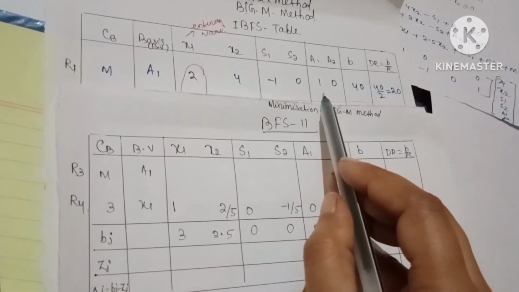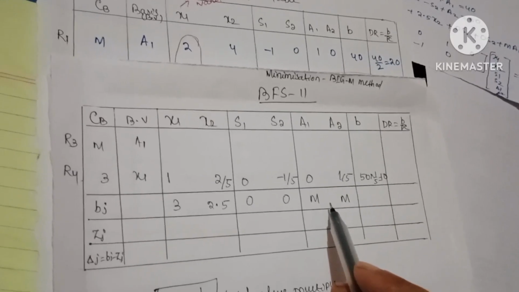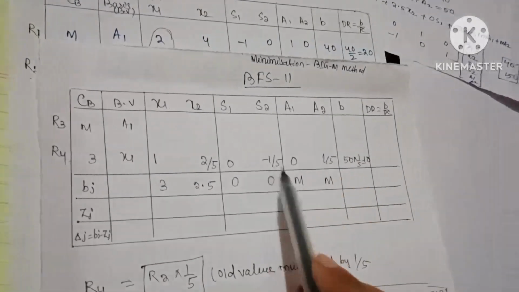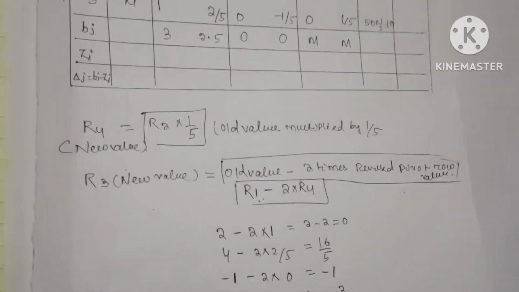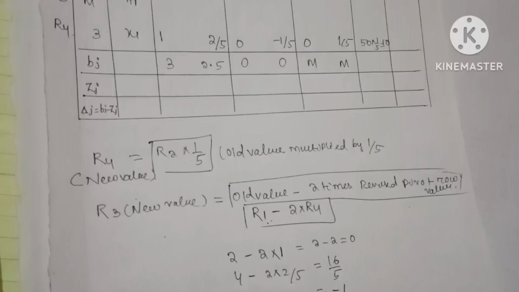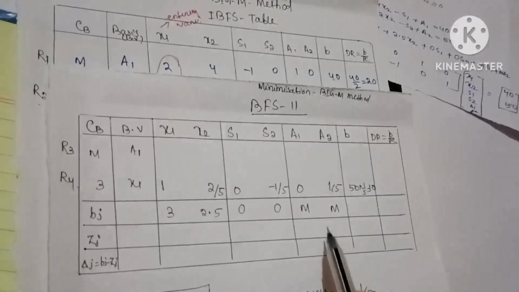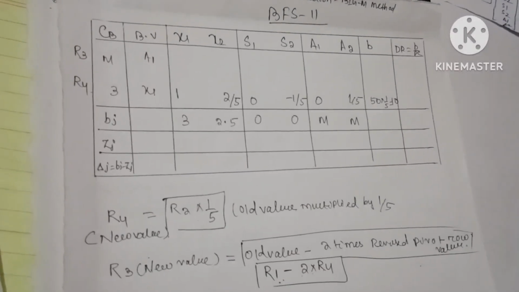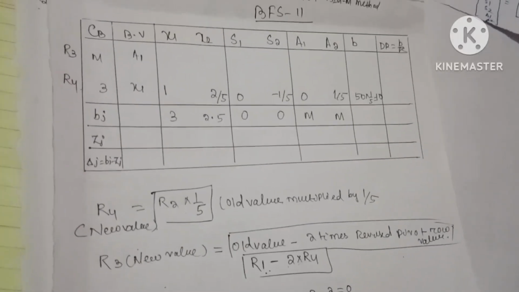Then the next one is 1 minus 2 into 0, this equals 1. Then the next one is 0 minus 2 into 1 by 5, which equals minus 2 by 5.